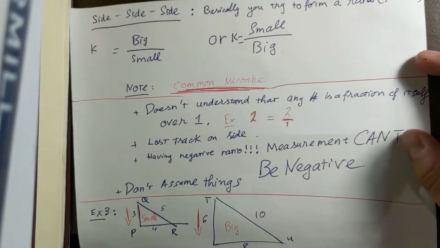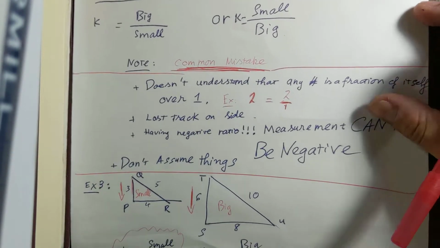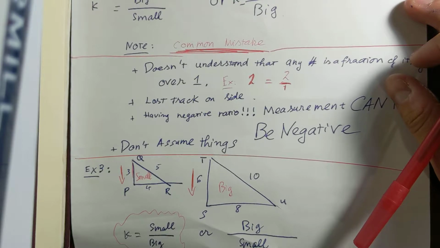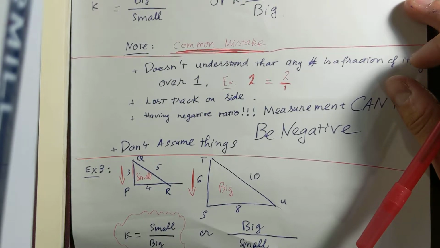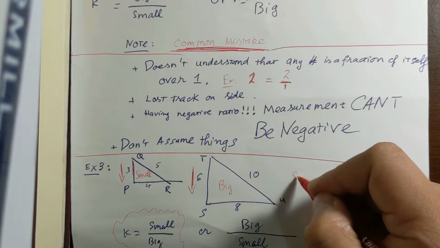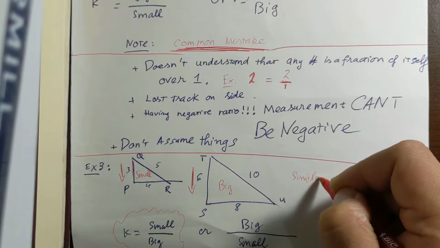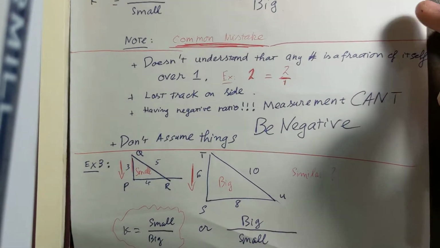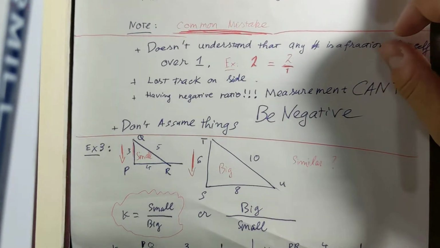So now let's go over example number 3 we have here. Suppose that we have those two triangles right there, QPR and the triangle TSU. You want to know whether they are similar or not. All you have to do now is form the ratios.